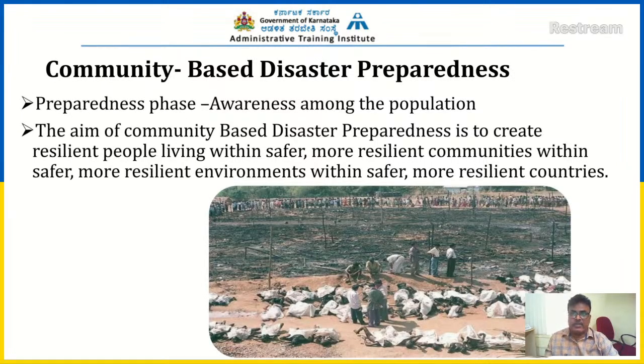This is important actually: community-based disaster preparedness. In the area of preparedness, community preparedness is very important because the community is always the local people who know which disasters, which hazards, which dangers they are going to face every year, and what should be done.